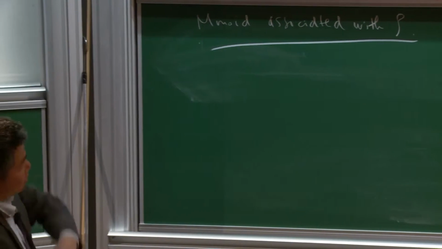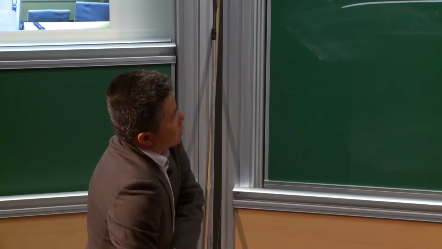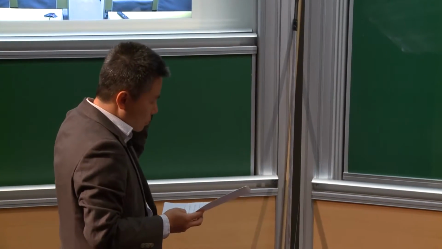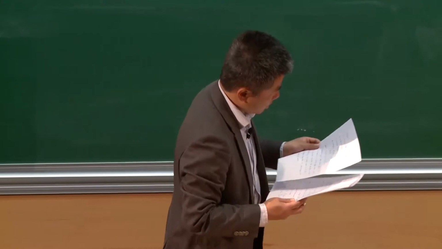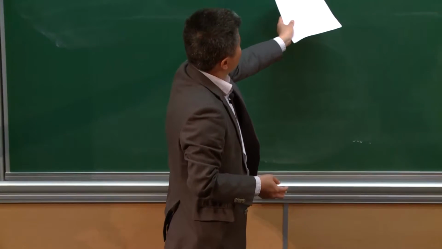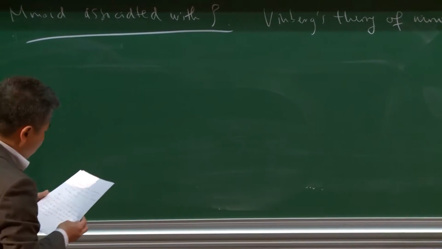I think that has to do with L-functions ultimately, but I think we do not understand the whole thing yet. But let's look at this case, where the thing I'm going to use is the theorem due to Vinberg.